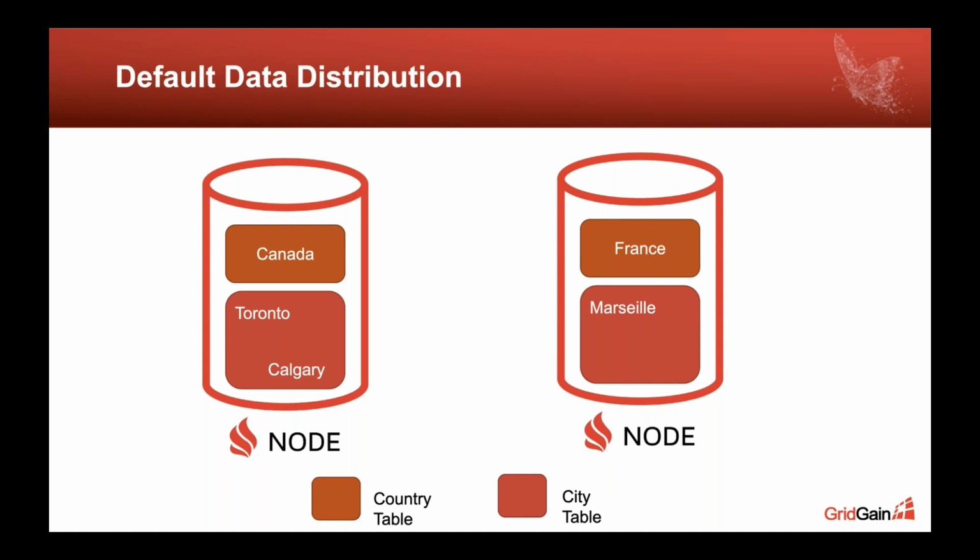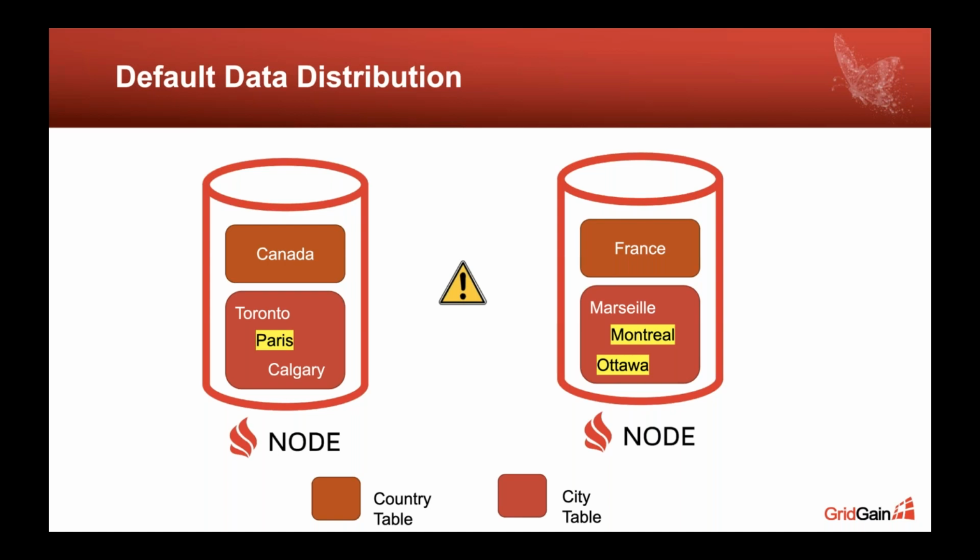That's why we already can see that Toronto and Calgary are stored on the same machine where we have the primary record of Canada. That is good. But also what might happen is that some other Canadian cities like Montreal or Ottawa can be located on a different node. And the same is true about the cities of France, as you can see on this slide. But generally speaking, why do we have the warning sign here?